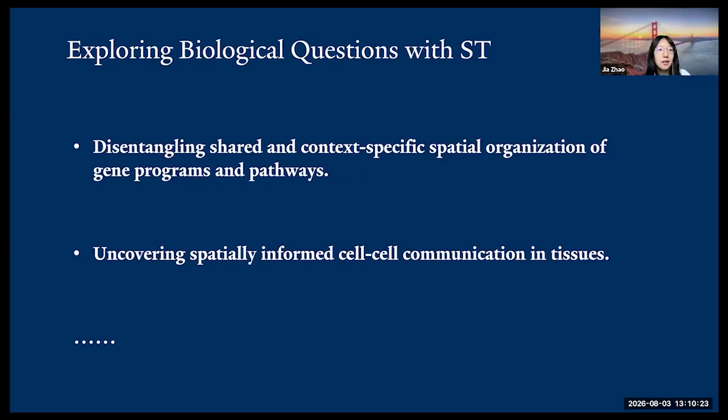As I started the talk with, ST data offers the spatial context besides the single-cell data set. So in my opinion, if we want to focus on analyzing ST data, we should focus on the spatial context. During my postdoc training, I have been very interested in two aims. One is to understand the spatial organization of tissues or organs using ST data.